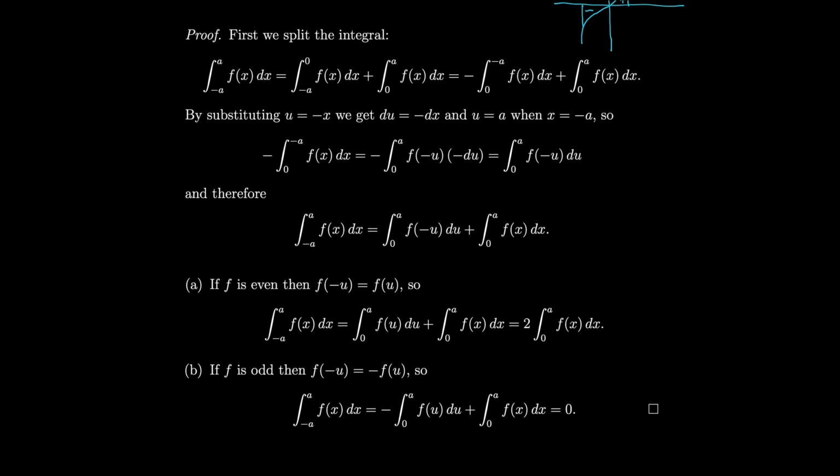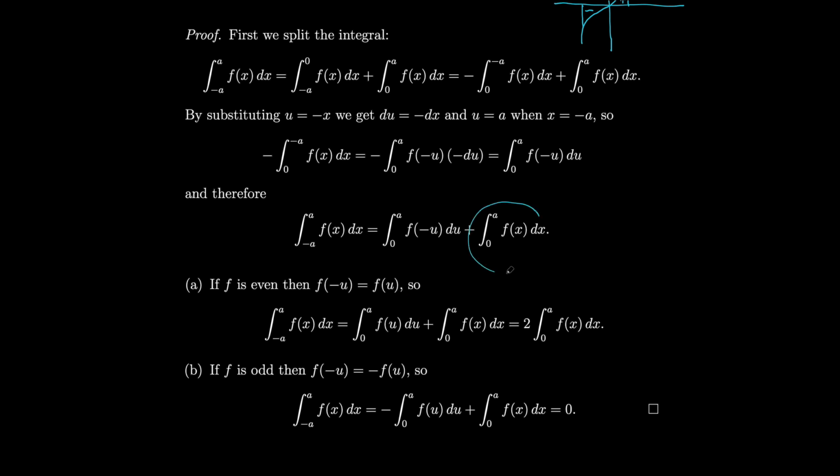If f is an even function, then it doesn't matter what variable we use. It'll always be the same for negative x values as for positive x values when you take the y value. So that means f of minus u will be f of u. So this integral, where we have an f of minus u, we can just replace that with f of u.